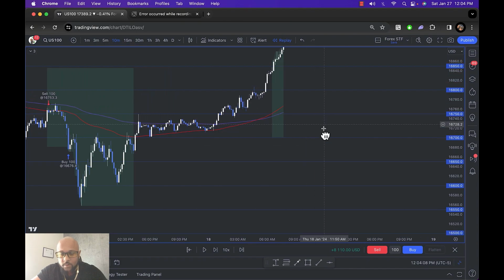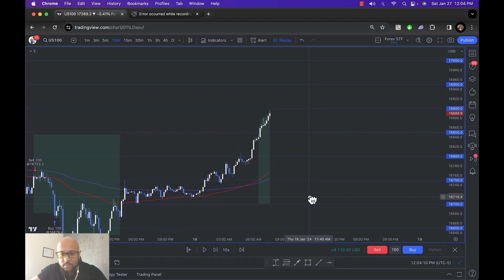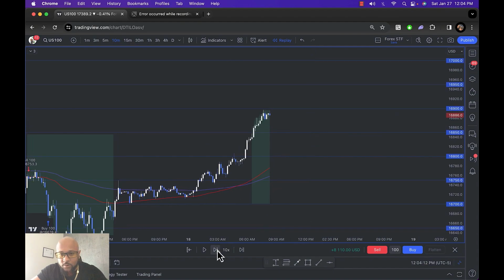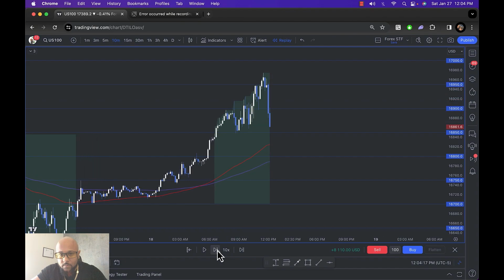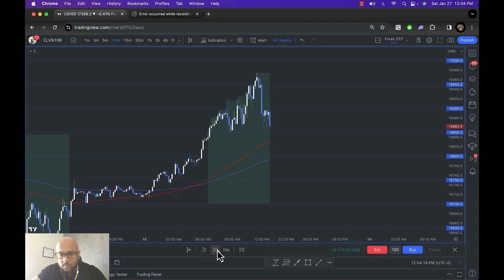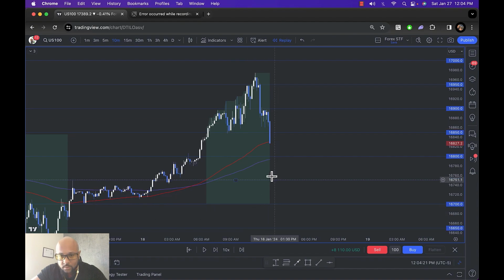All right, we have an EMA cross. Let's see if we can get a retracement for a long. This is 1 p.m. I'll take a long here.